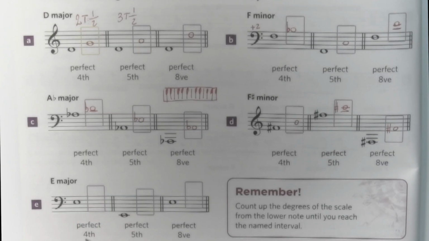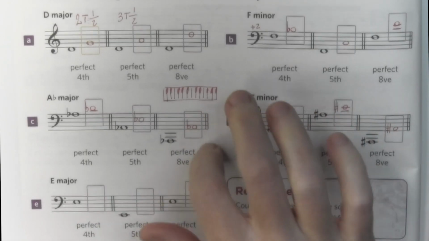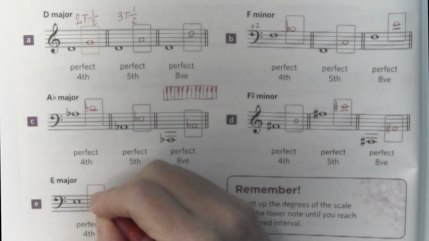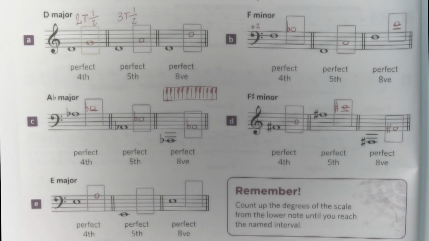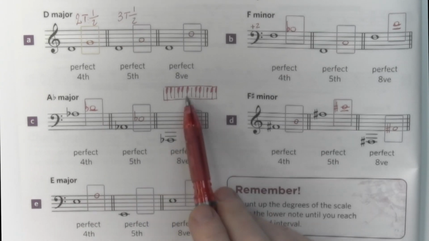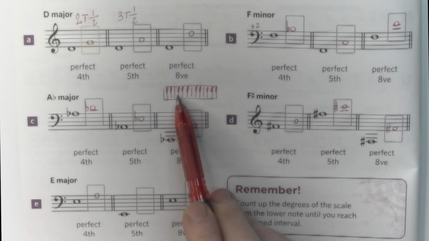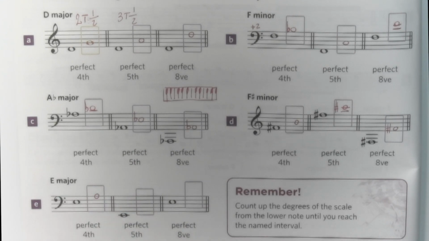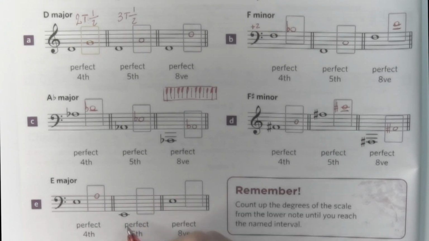Mi, a perfect fourth from mi is mi, fa, sol, la. Would it be flat, sharp, or natural? Let's count. 1, 2.5. Natural. This is already the answer.